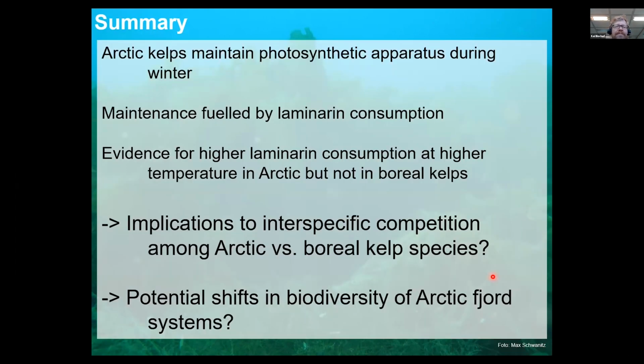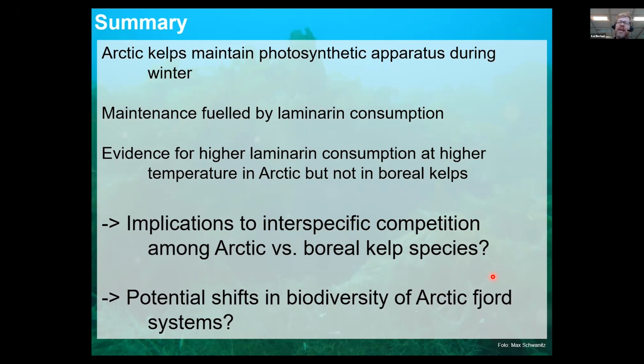So, as a summary of this case study, that would be very interesting. The Arctic kelps maintain their photosynthetic apparatus during wintertime. This is quite new. And the maintenance of this is fueled by this storage compound laminarine. What we also found is that laminarine consumption is higher at higher temperatures, but this is only happening in this high Arctic kelp, which is of course adapted to high Arctic conditions.